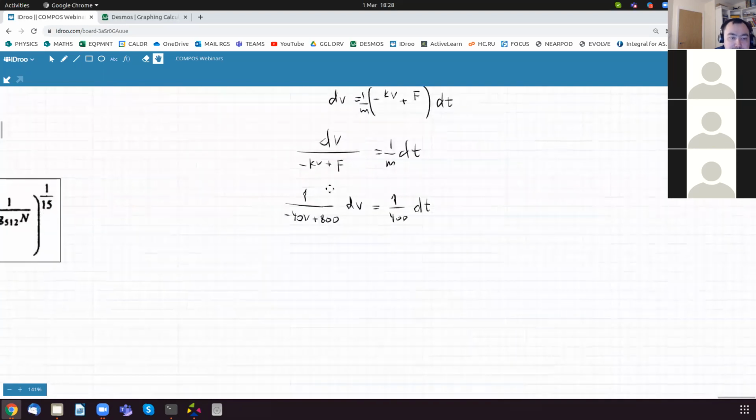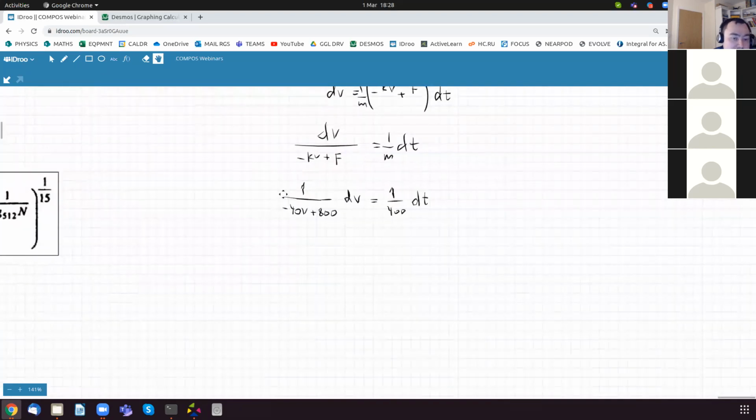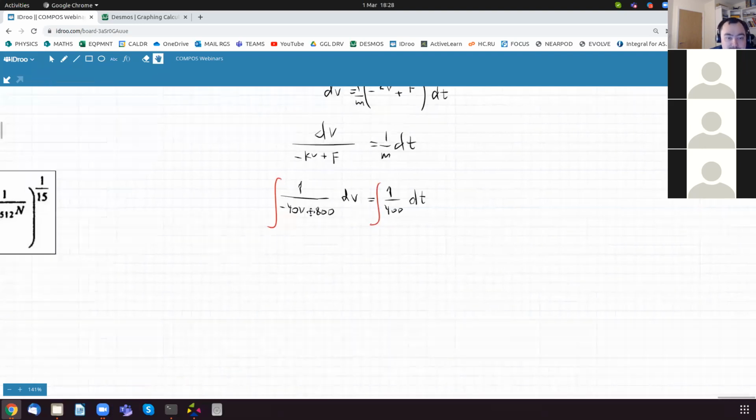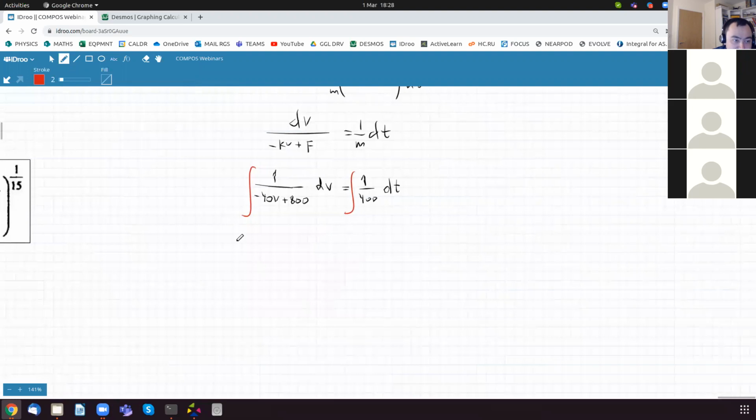And now I can integrate. So here you have a choice. You can integrate with limits or integrate without limits. I think I'll show you both ways.